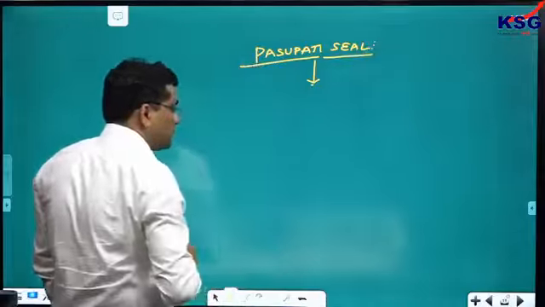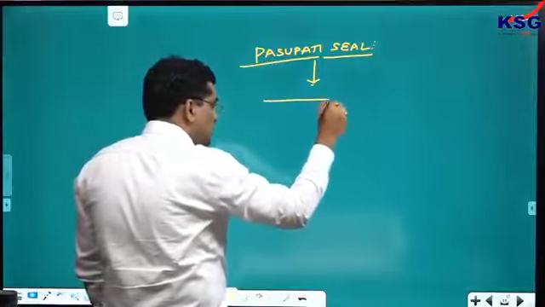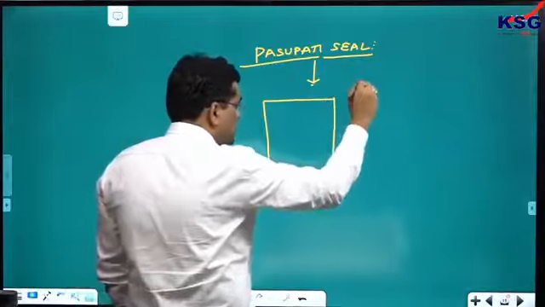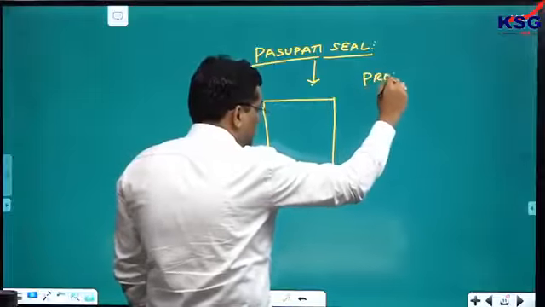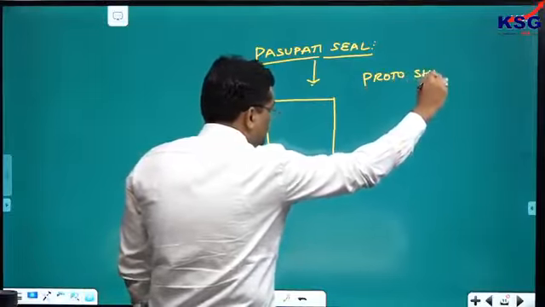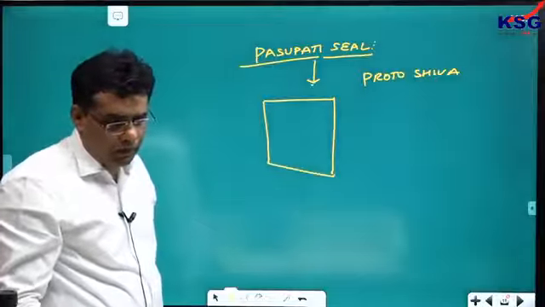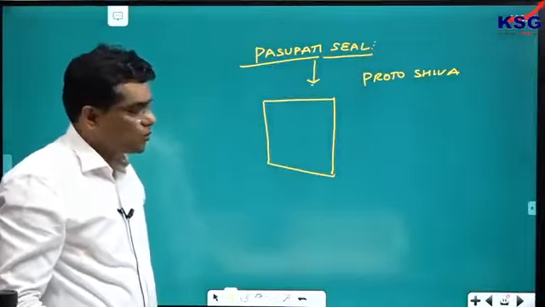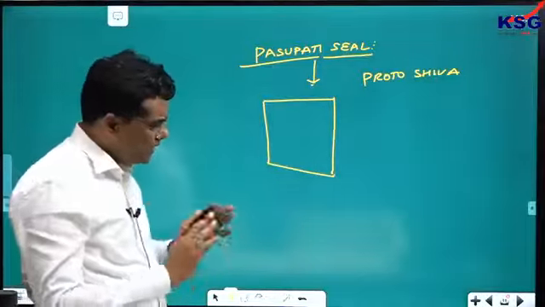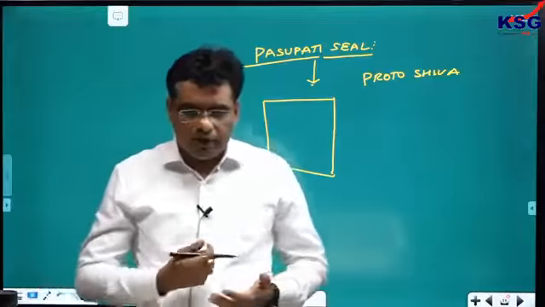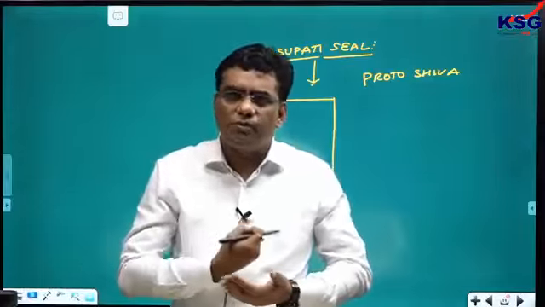Pashupati seal. Pashupati means Proto-Shiva. The Harappans worshipped Proto-Shiva. So what was on the seal? There is a yogi sitting in a yogic posture.